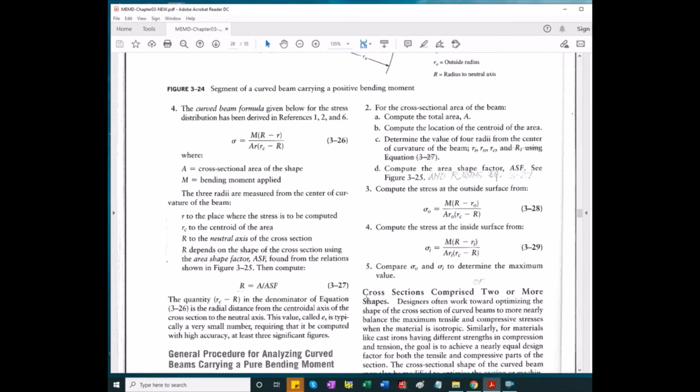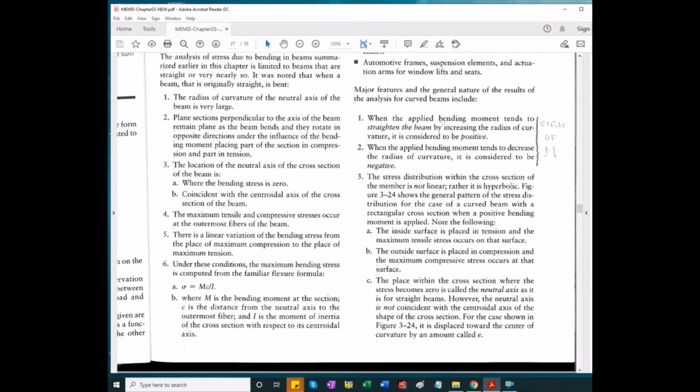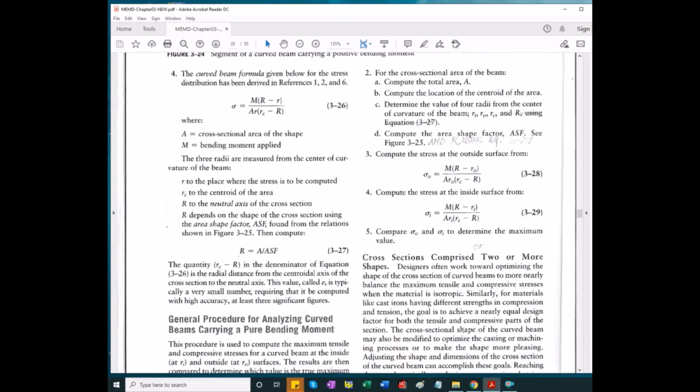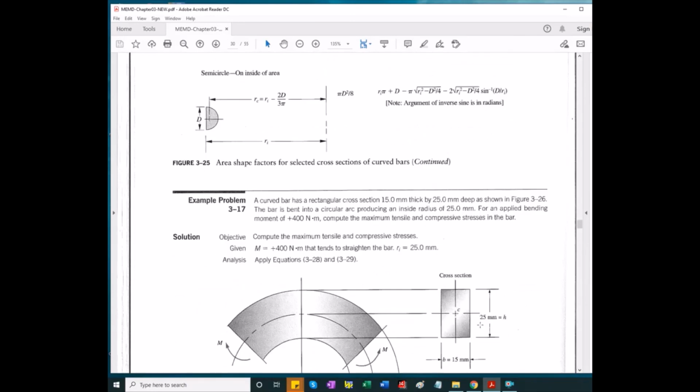But best is if you start with the correct assumptions and do the analysis the right way, and see whether it has a tendency to straighten the beam or further increase its bend, reducing the radius of curvature, and one would be positive, the other negative. So not very complicated, I would say.